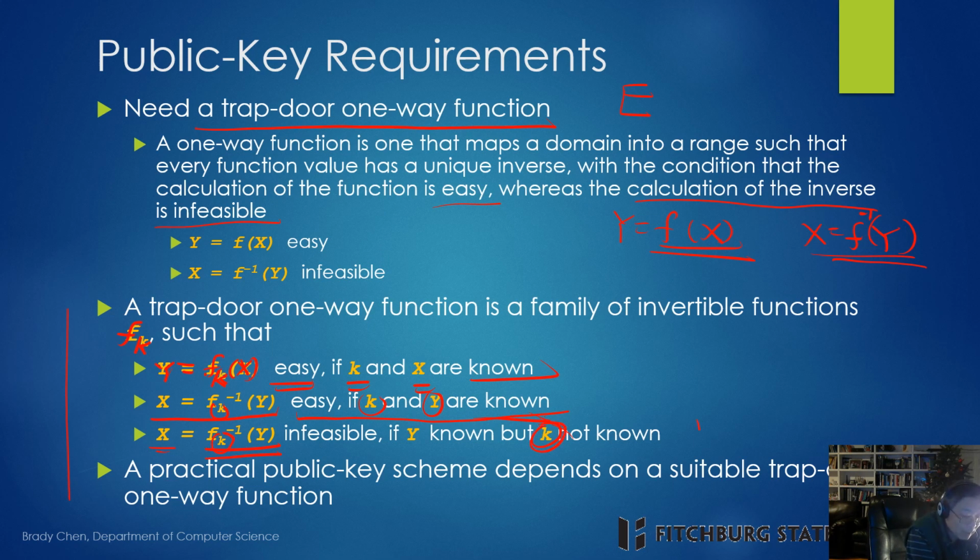That's what we want: a function f_k of x that is easy to calculate to generate the ciphertext y, and also easy to invert if we know k and y. But if we don't know k, then it is difficult to do.